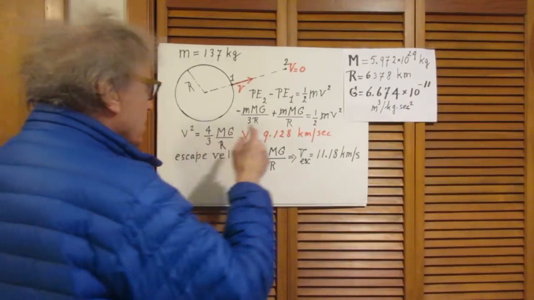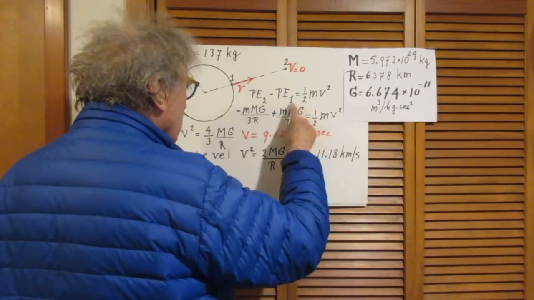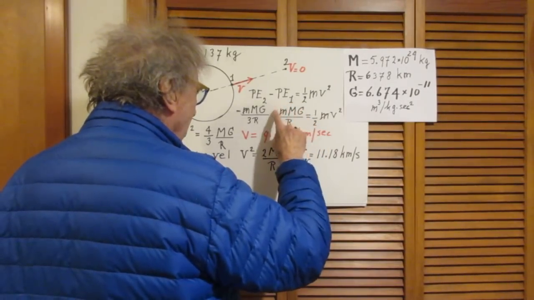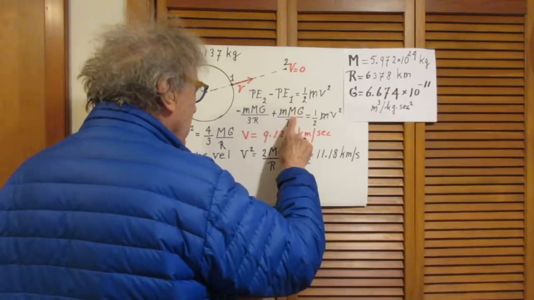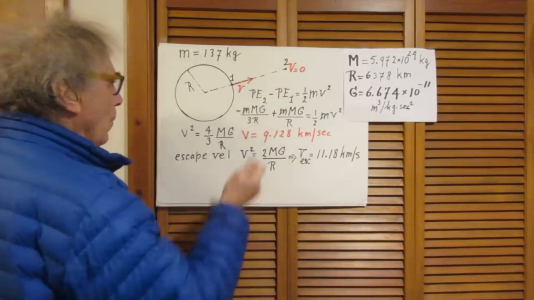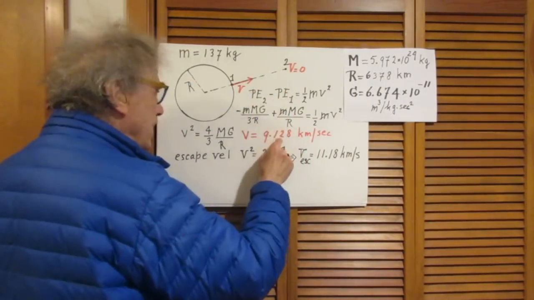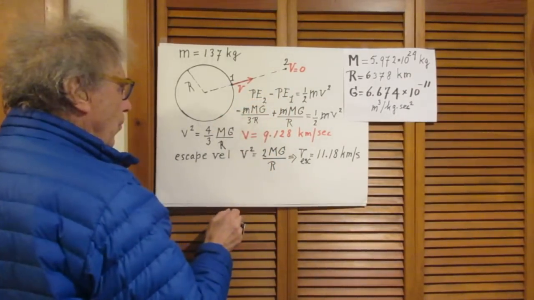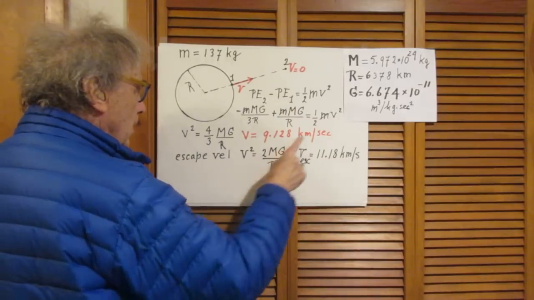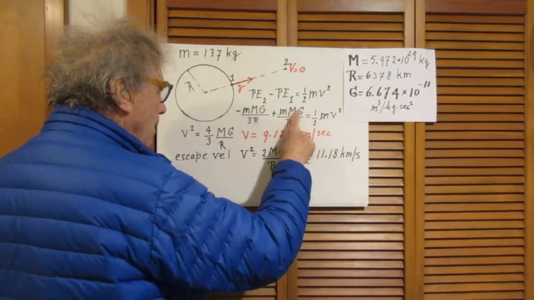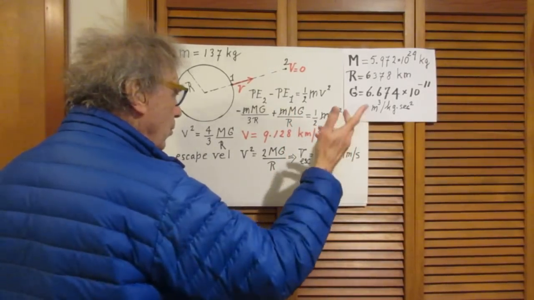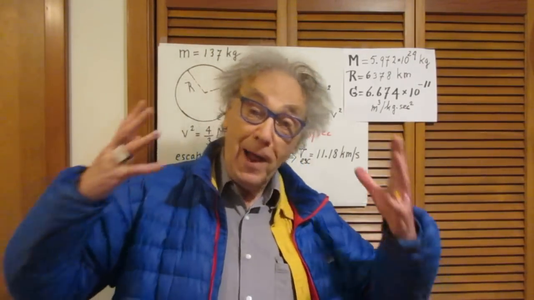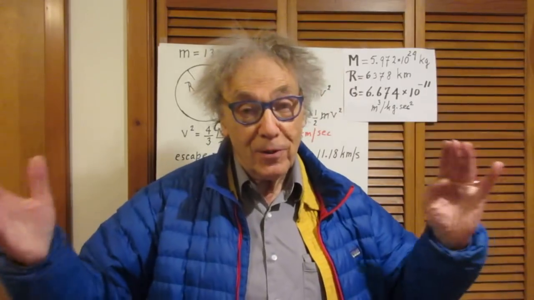And so the energy that is released is this amount. Because this minus m M g over R is the potential energy here. But it is PE2 minus PE1, so that makes it a plus sign. This is gone. So for escape velocity, v squared is 2 MG over R. And that gives you 11.18 kilometers per second. Consistent with my high school memory, 11 kilometers per second.